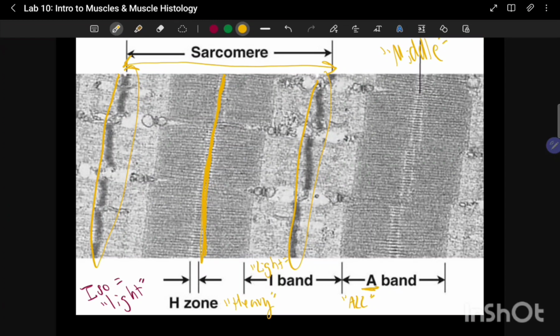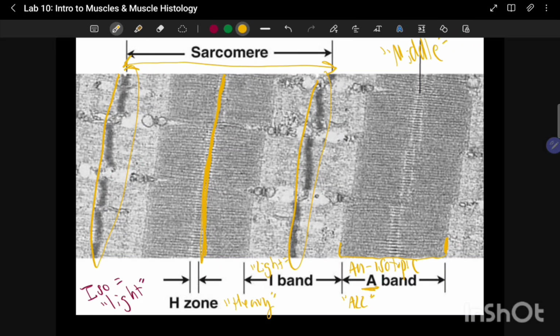Let's contrast that now to our A band. So A actually, what it really means is anisotropic, not isotropic. So it's not going to allow in a lot of light. It is darker, and that reflects the patterns that we see here, darker stained tissue. Now, I go back to this because now that we've defined the definitions, it makes a little more sense that the I band is letting in light.